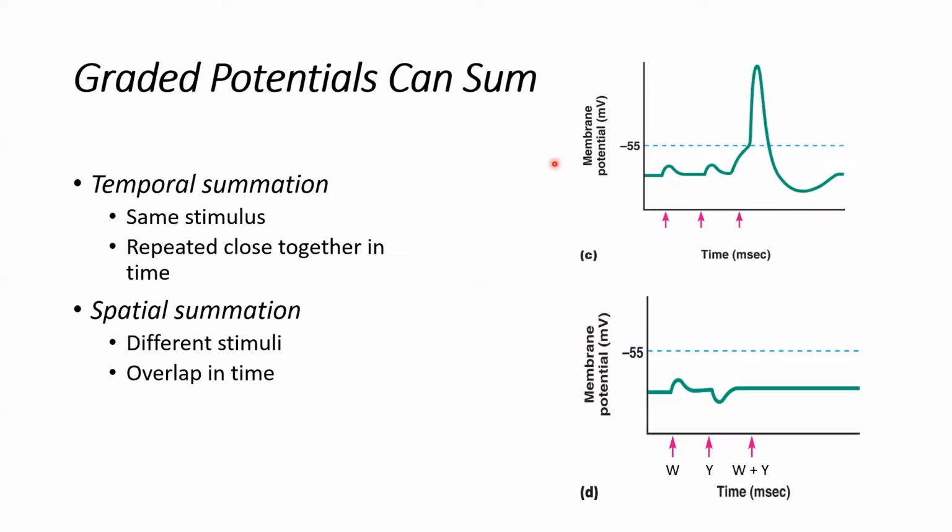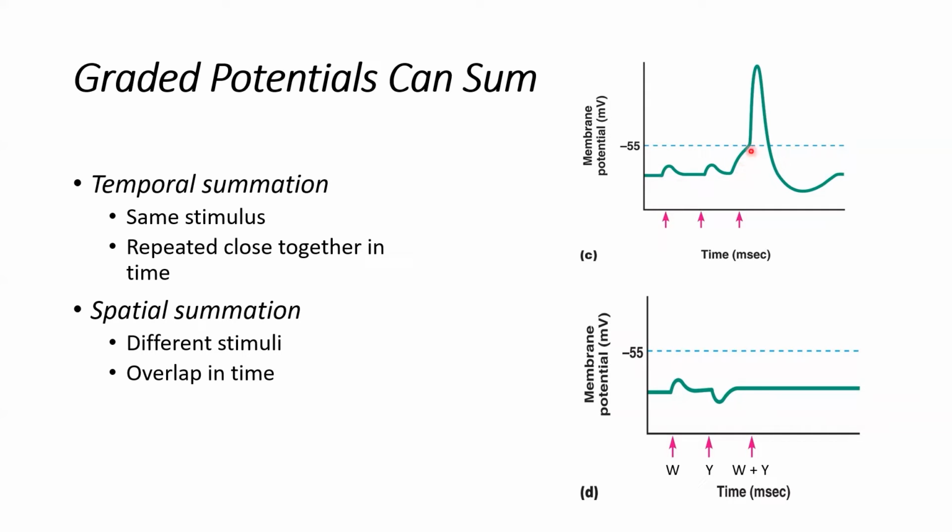We can also think about summation. Summation can happen as temporal summation, which is the same stimulus repeated close together in time. In other words, it's on the same spot on the cell, right, the same location. So let's say we looked at one specific area where one neuron was synapsing and it stimulated one graded potential, which we can see here, and stimulated again another graded potential.